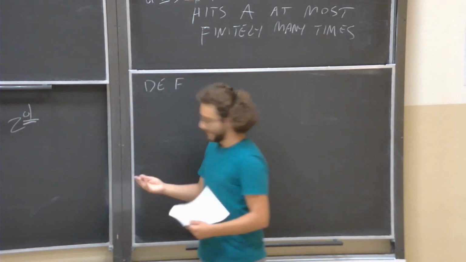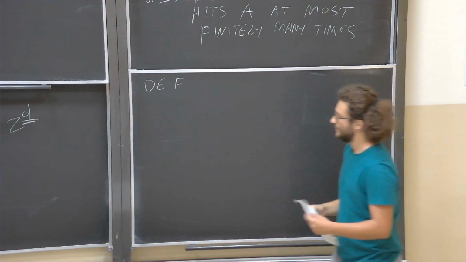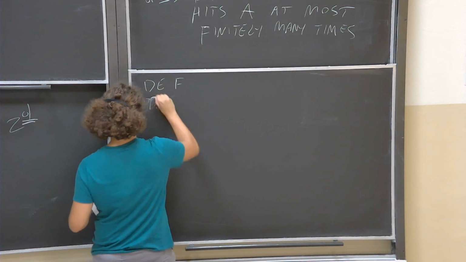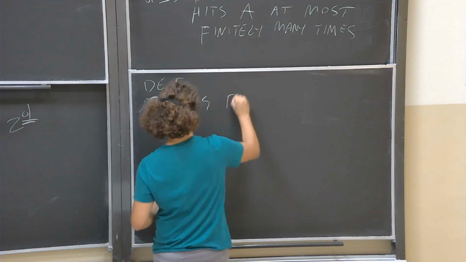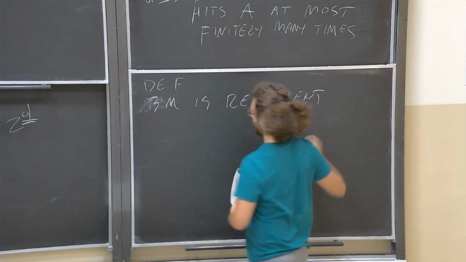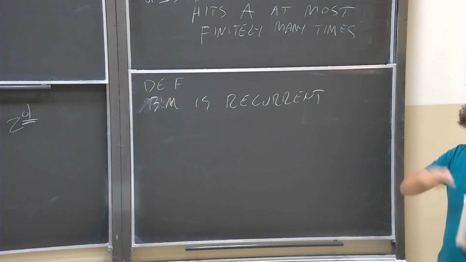Definition: we say that Brownian motion is recurrent in the first situation. Okay? Brownian motion, Vn is recurrent if for every bounded domain the particle enters and goes outside infinitely many times.